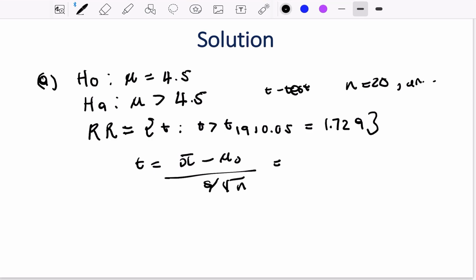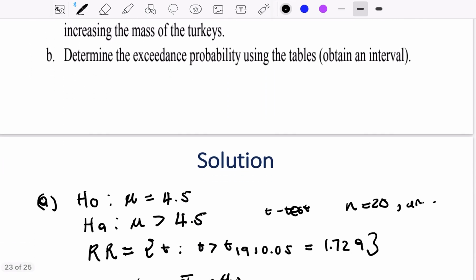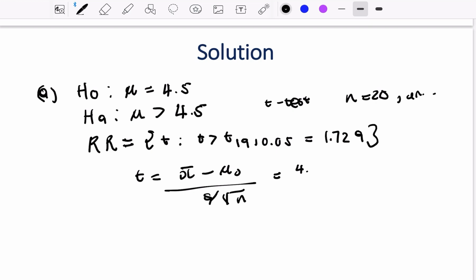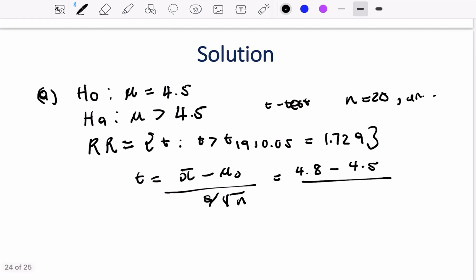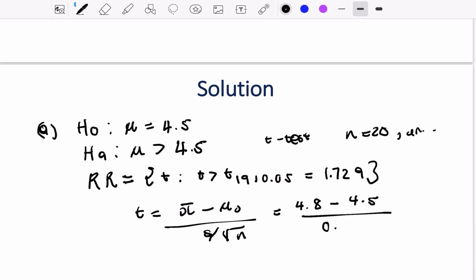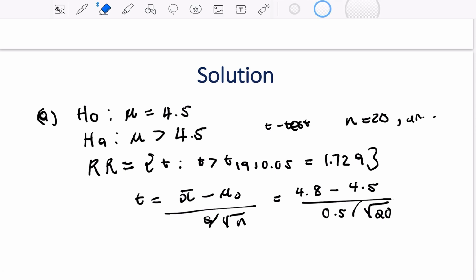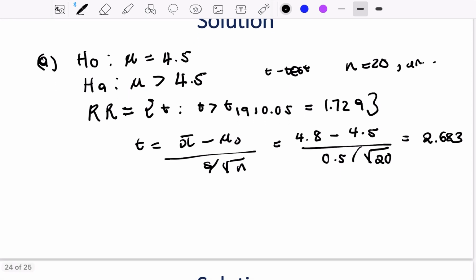And this will be, according to their scenario, they gave you x bar, they said it's 4.8 based on the sample, minus mu naught, which is 4.5, divided by s, right? They gave you the sample standard deviation, which is 0.5, divided by root of n, which is root of 20. And if you plug that into your calculator, you get 2.683, right?